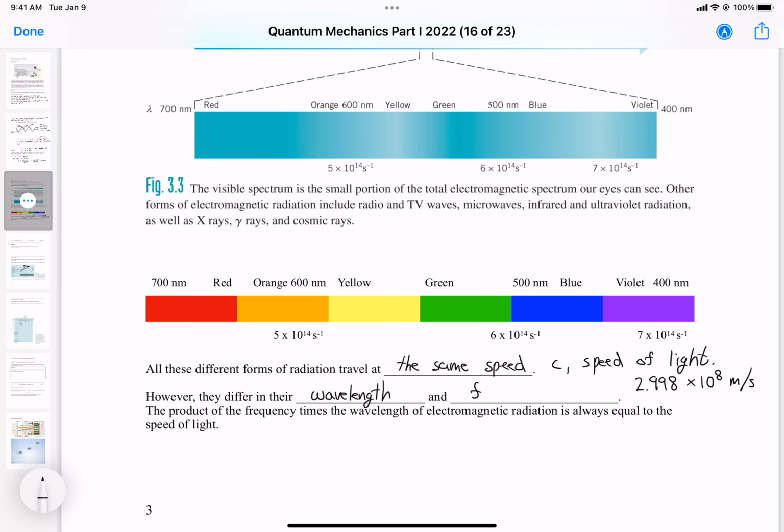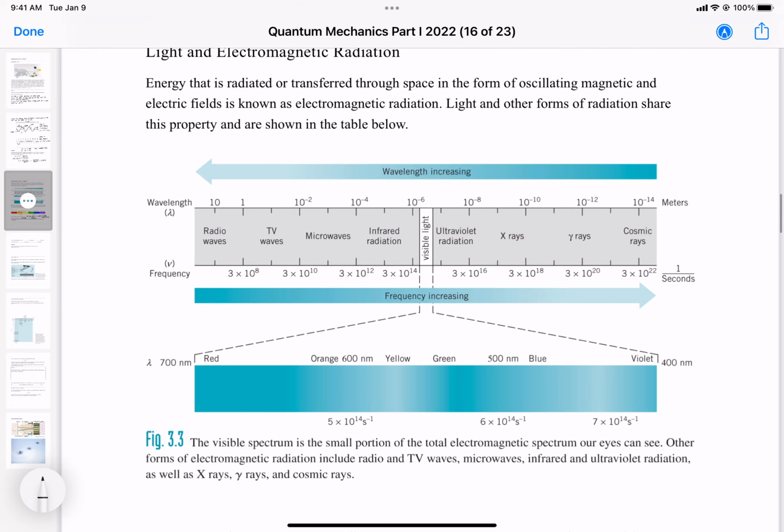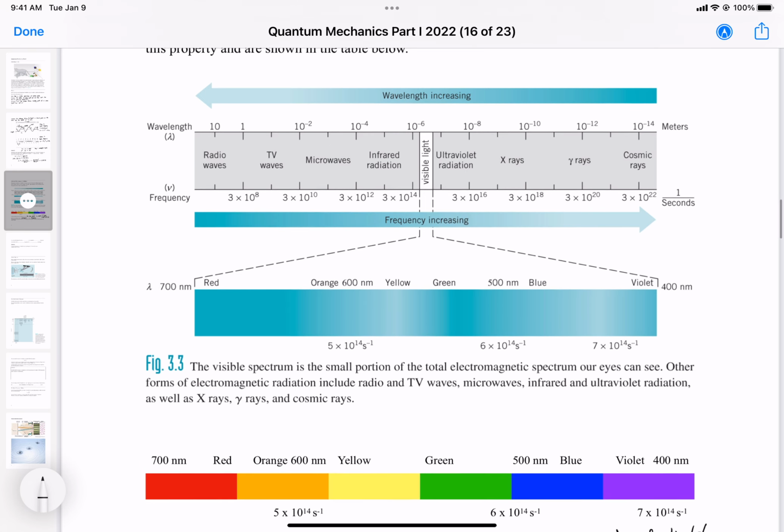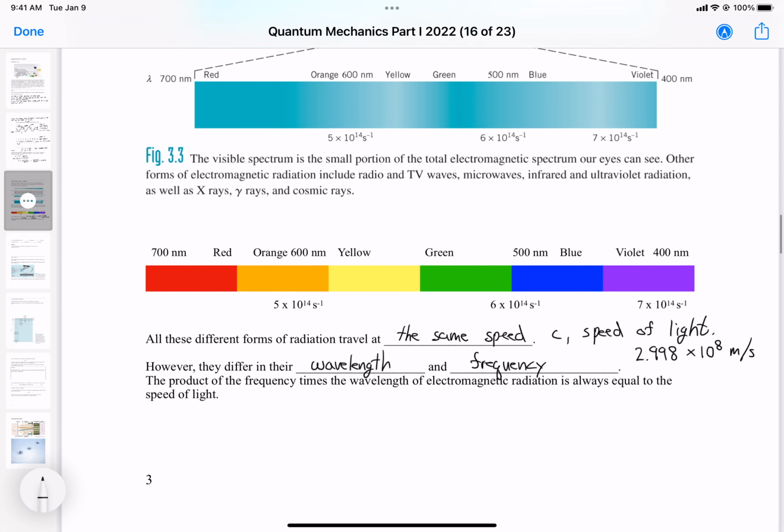So we see here for every combination on the spectrum, there is a different frequency and wavelength of these sources of electromagnetic radiation. Light and things related to light carry energy and they're related by a wavelength and a frequency right here.